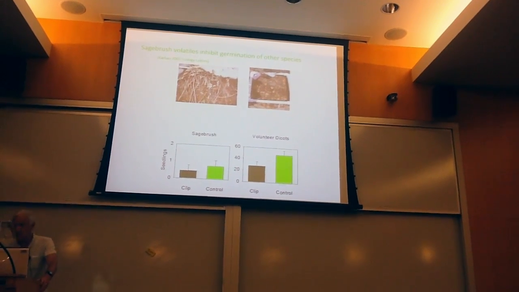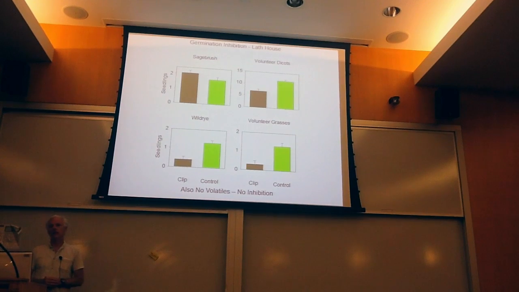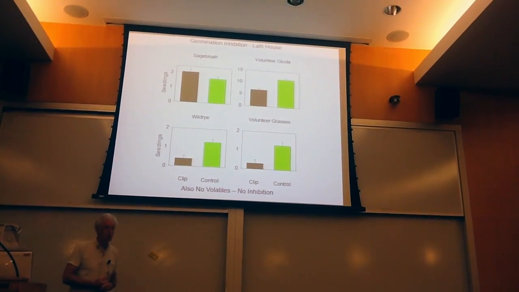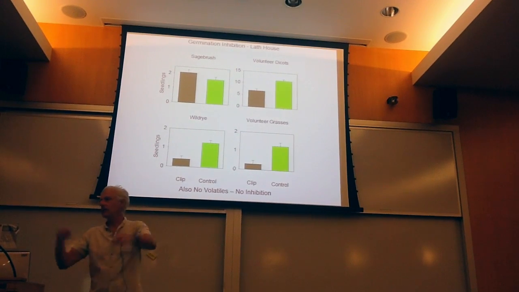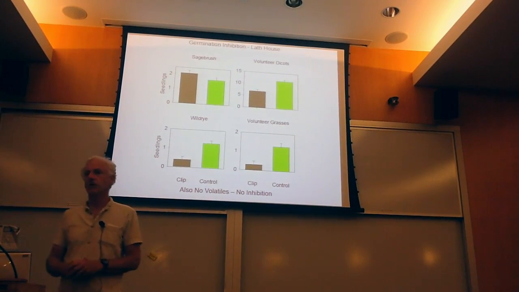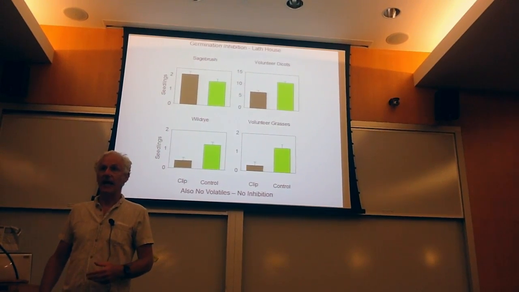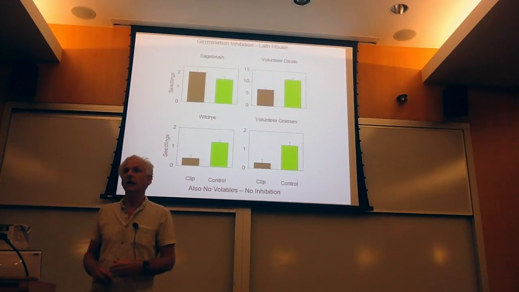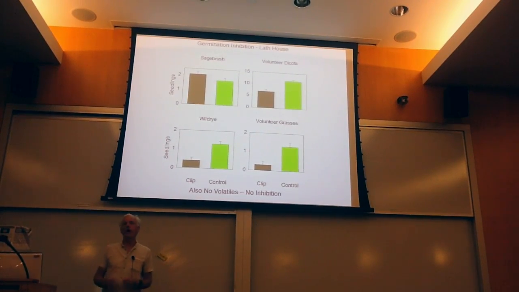So we did these experiments back in Davis in a lath house, and we brought soil back from our field site and put it in pots. Into each of those pots, we planted one sagebrush plant. We either clipped that plant or we didn't clip that plant. And then we also planted a few sagebrush seeds and a few wild rye seeds.